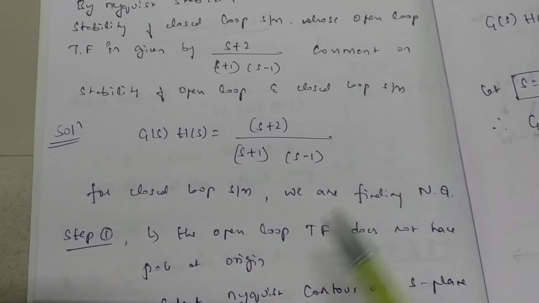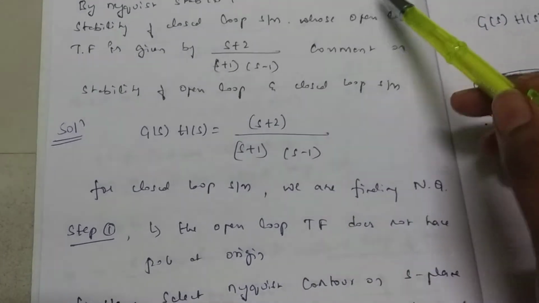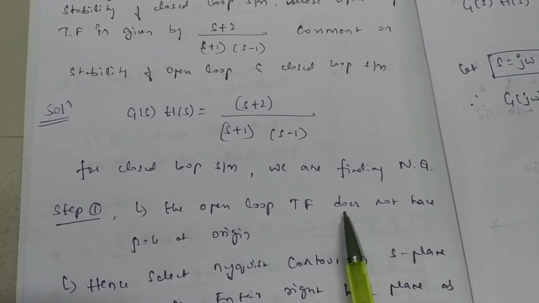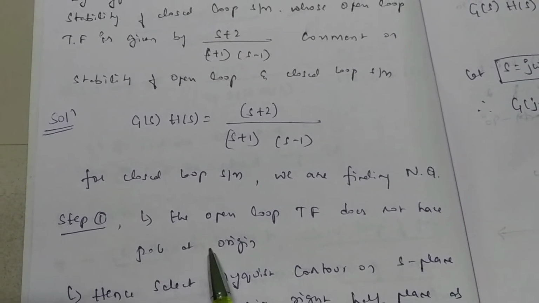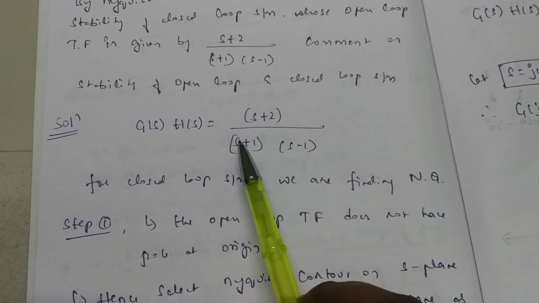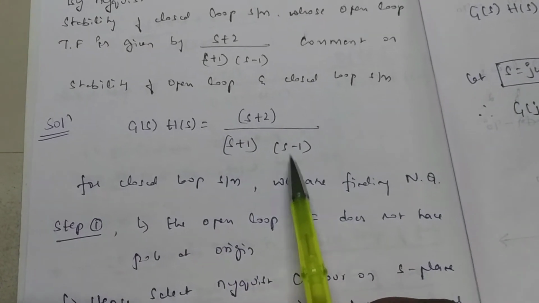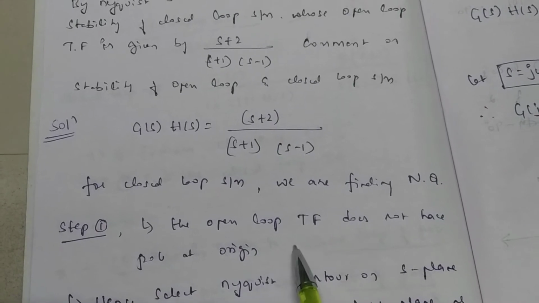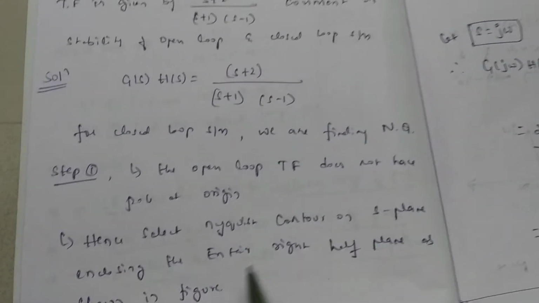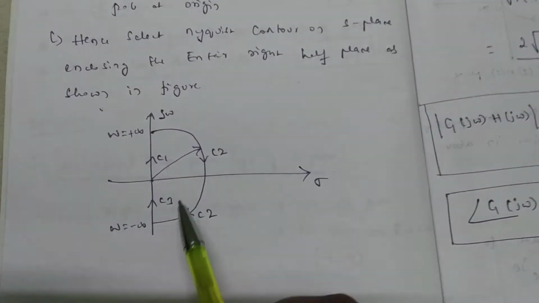So see here, the first step in the Nyquist plot: the open loop transfer function does not have a pole at the origin and also does not have poles on the imaginary axis. Hence our Nyquist plot will look like this. Why?